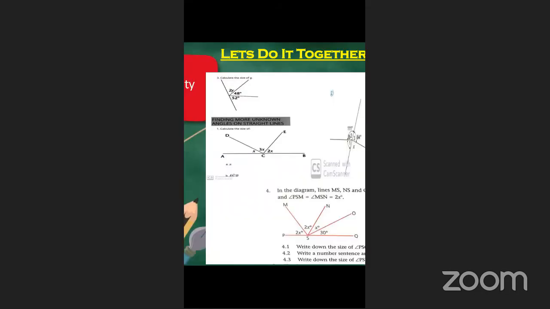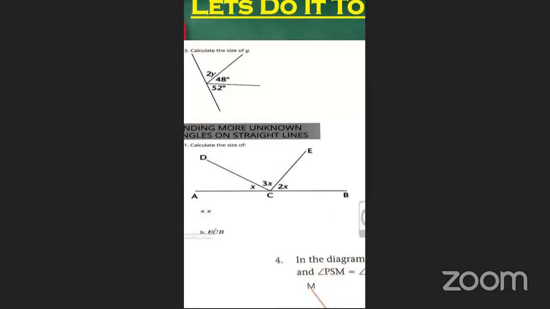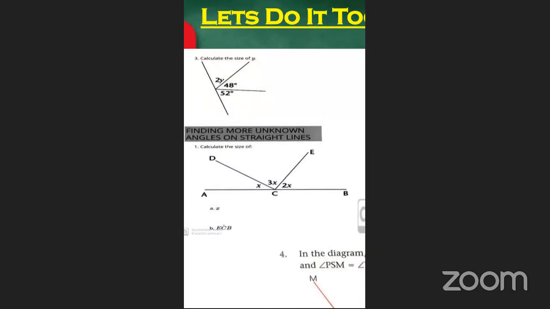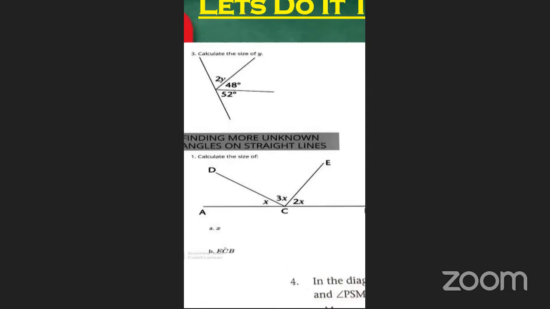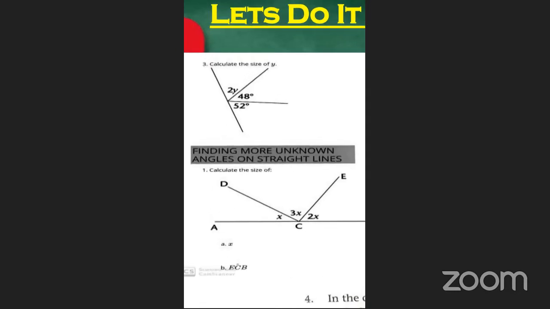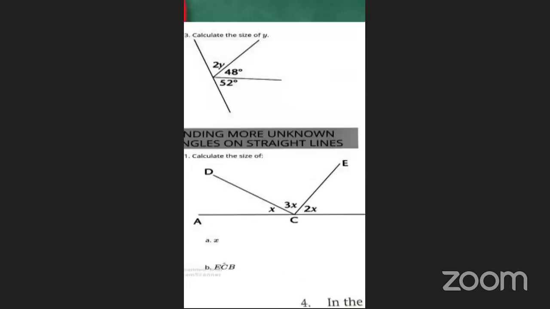Okay, this one we did yesterday, ne? But we can do it again. It's not a problem. It's not a train smash. Ne? So the second question is find more unknown angles on a straight line. Number one, calculate the size of, and then we see our structure. Number A, they say calculate the size for x.